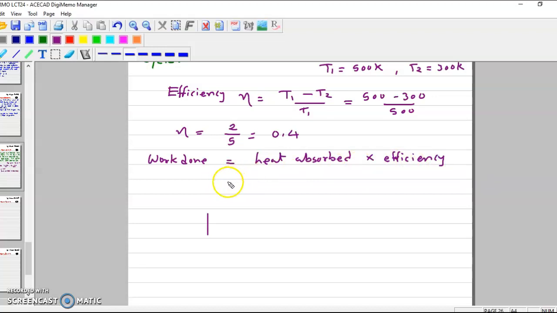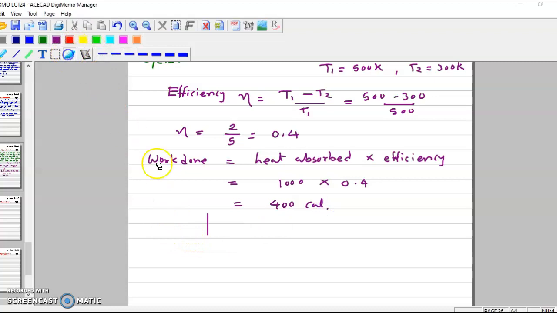So if heat absorbed is 1000 calorie and efficiency is 0.4, then work done will be 1000 into 0.4, which is 400 calorie.